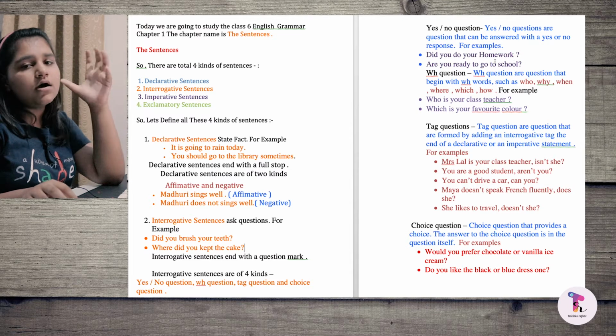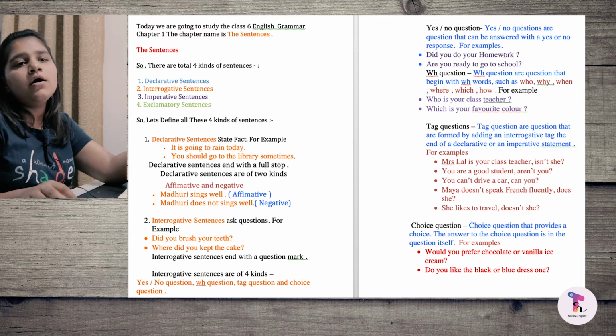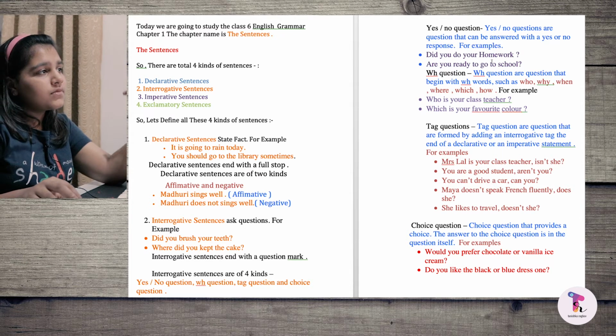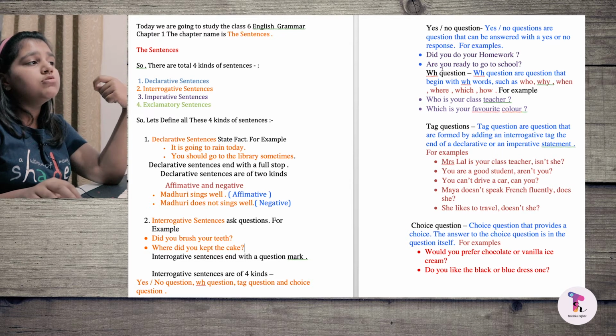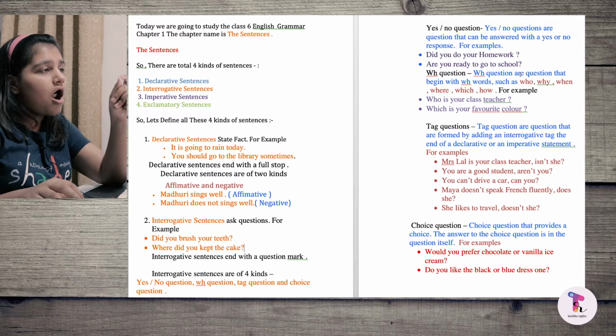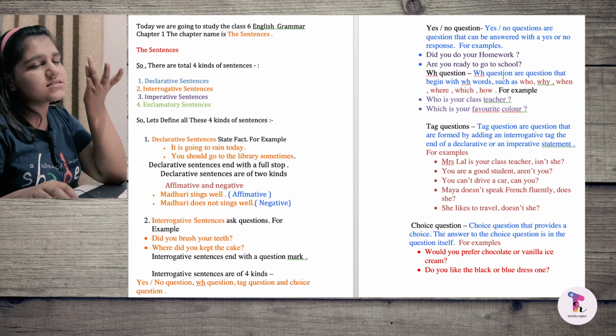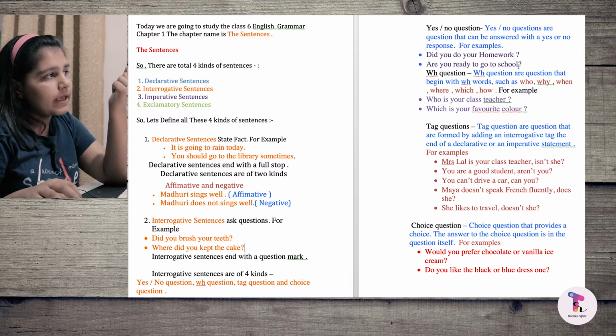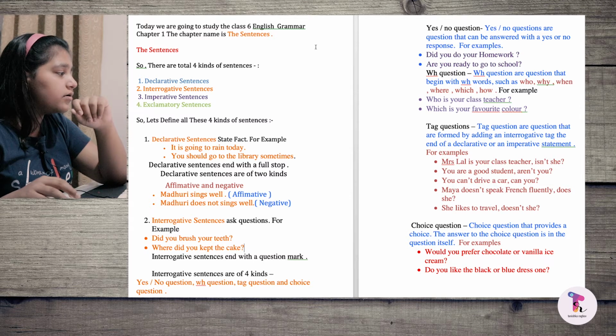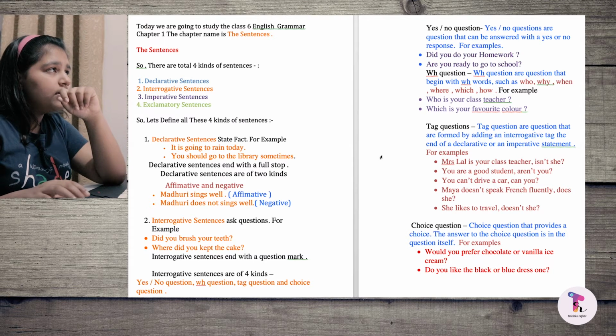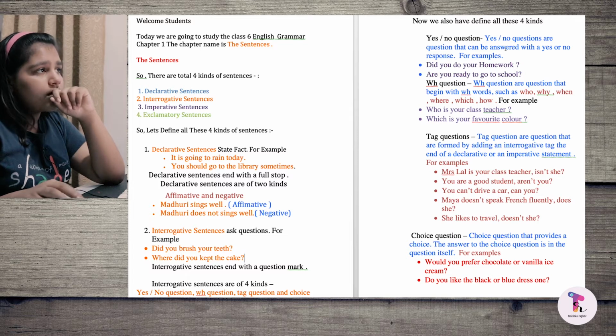This is asking you a question. Then, are you ready to go to the school? This is also asking a question. Okay. So you can say yes or you can say no. I hope it's clear. This is the yes and no questions.